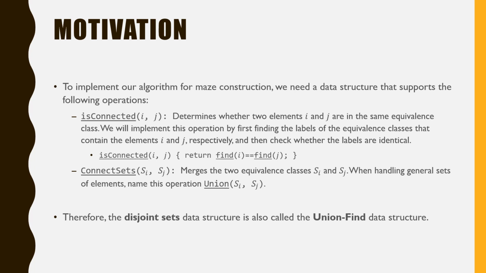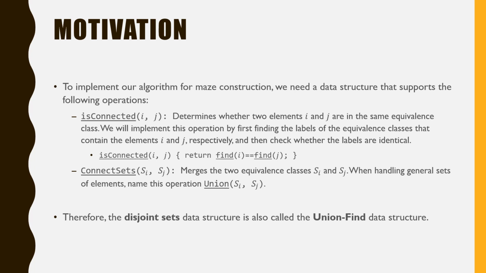This operation involves two steps. First, find the labels of the disjoint sets containing i and j. Second, compare the labels to determine if they represent the same set. Since the comparison is straightforward, the core operation becomes finding the label of the disjoint set that contains a given element.